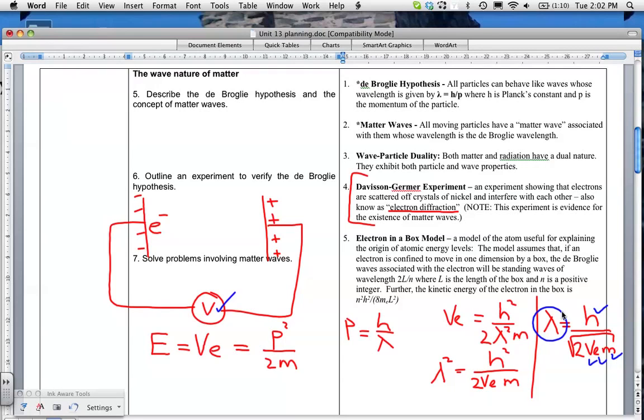Now what they did was they shone it through a crystal, and by working with other light, they were able to work out the spacing in the crystal of nickel, and therefore able to predict the amount of diffraction that would actually take place for that wavelength, and measure it. And they verified that this wavelength did actually fit in with the wavelength that was predicted from this experiment. And so de Broglie's hypothesis was verified.